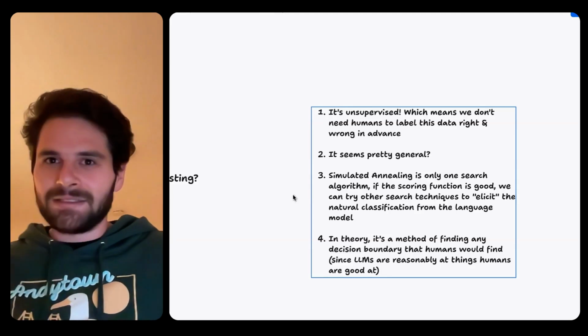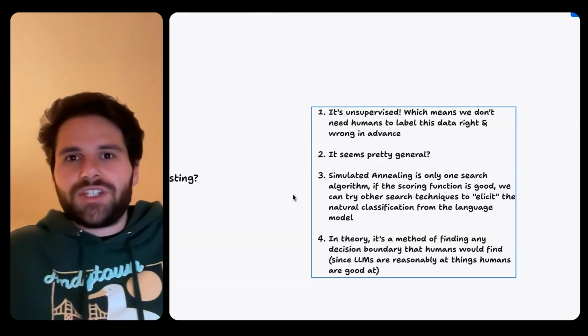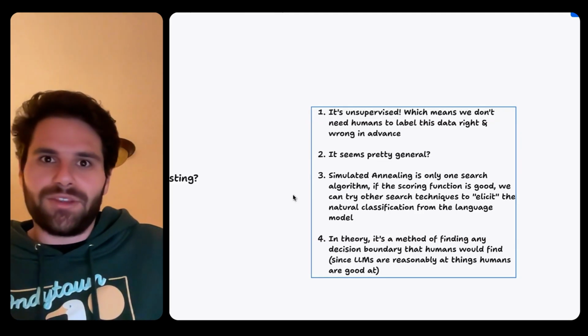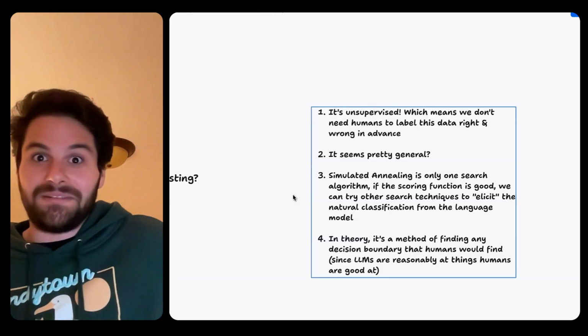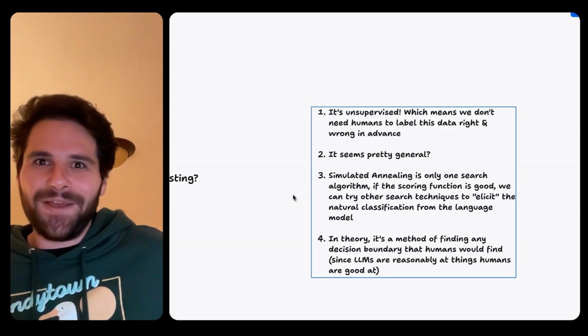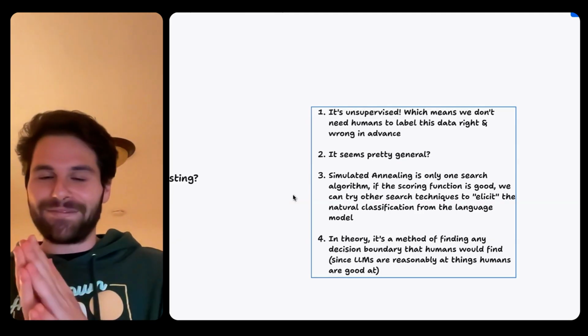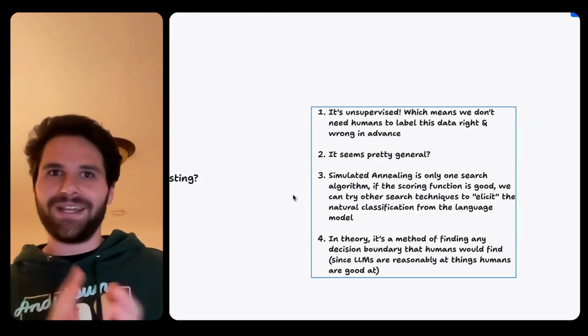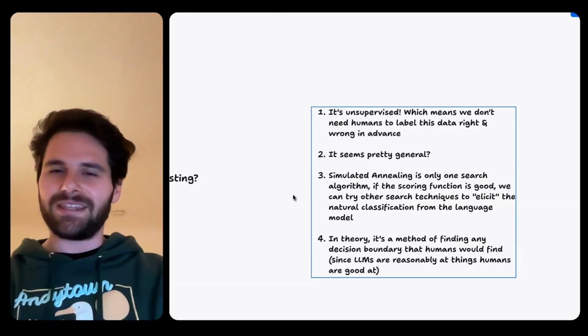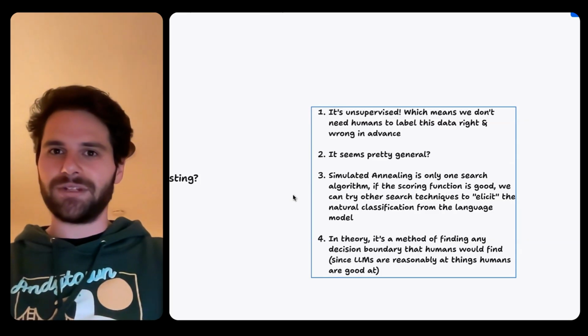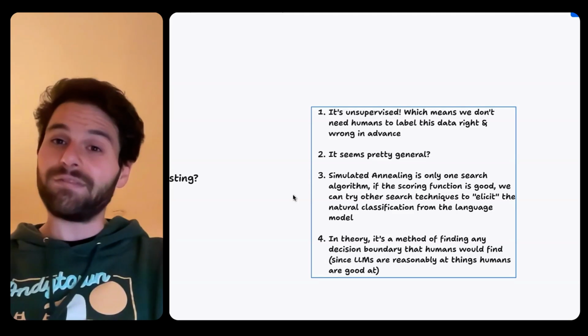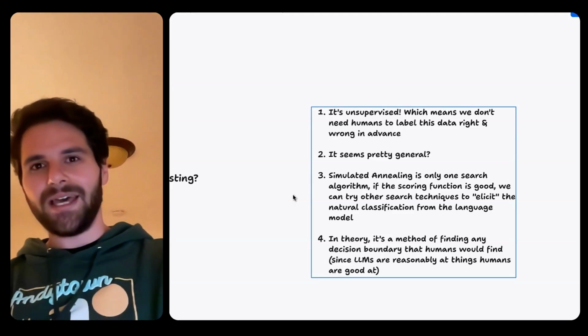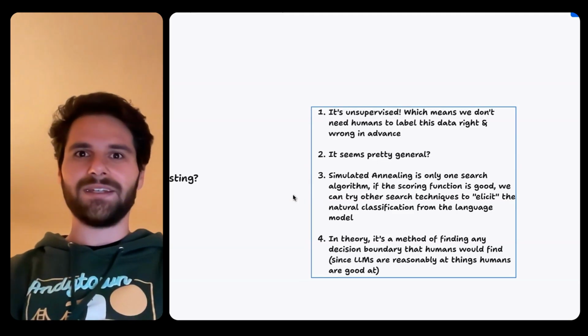And what are decision boundaries humans can find? It's like, which plants are the most calming? I don't know. It's a really tough decision boundary. We have to divide all plants into calming plants and not calming plants. It's interesting to think that anything that's a decision boundary a human can do could be findable by an LLM with a method like this.